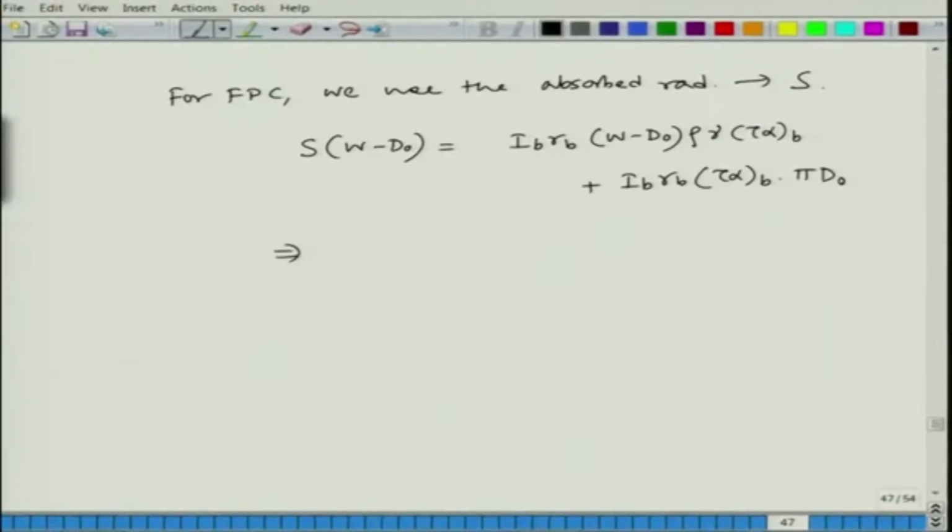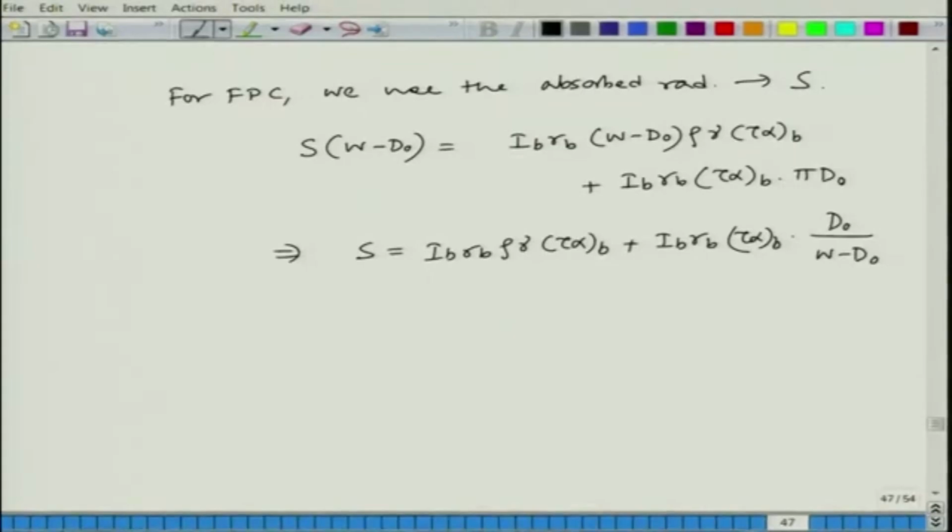So, basically S you can find out to be IBRB rho gamma tau alpha b plus IBRB tau alpha b multiplied by d naught, divided by W minus d naught.